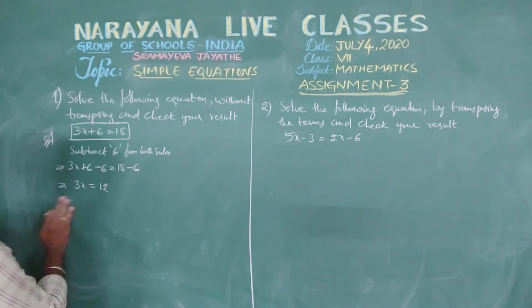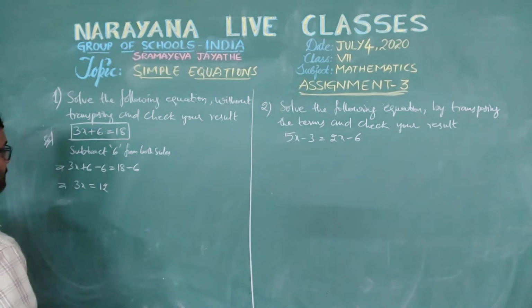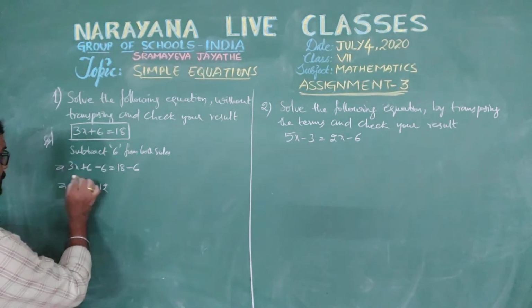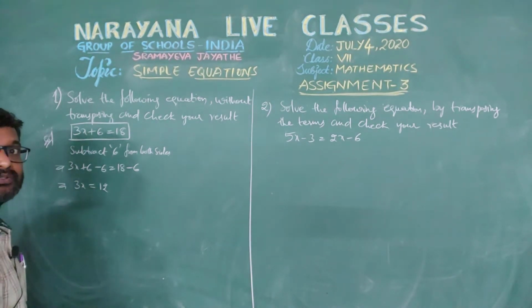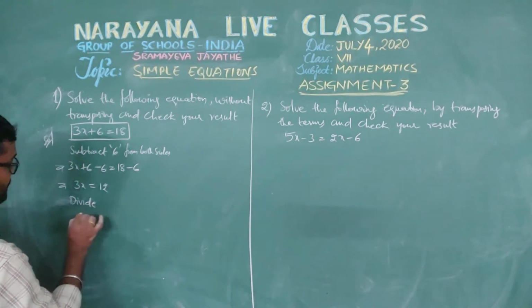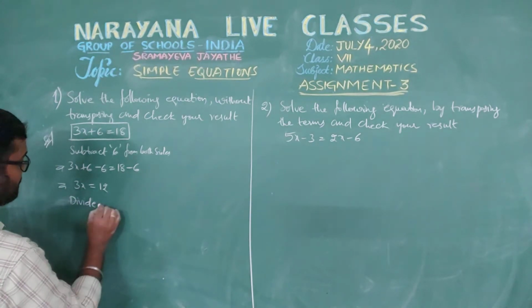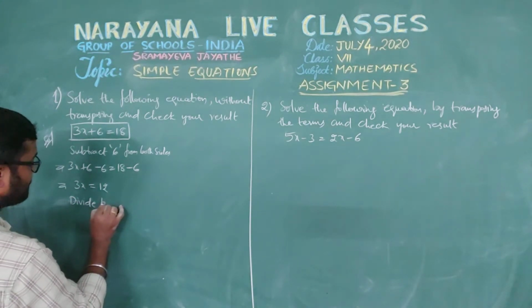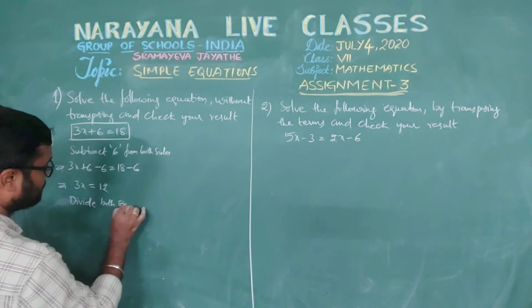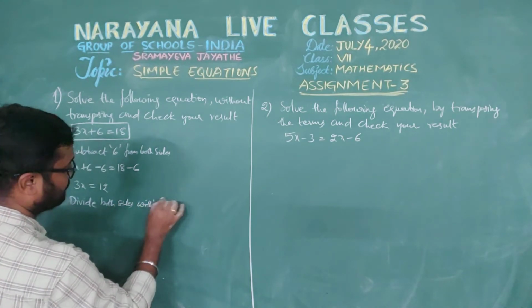Now here in LHS we have 3. To remove this one, what do we need to do? Divide, isn't it? Divide both sides by 3.